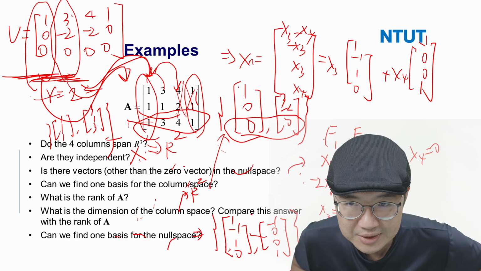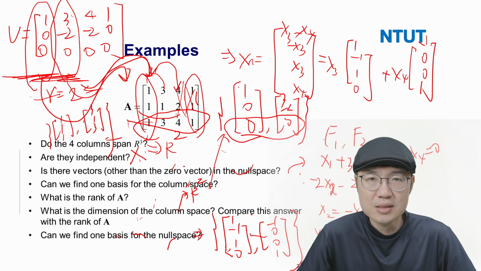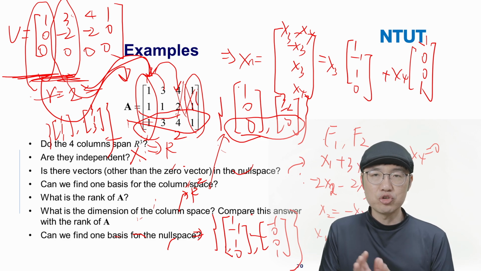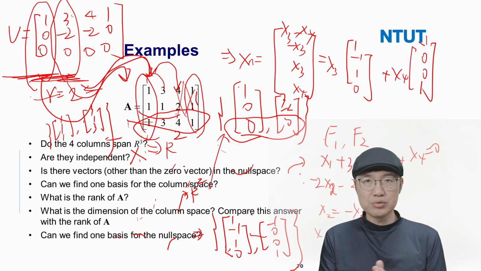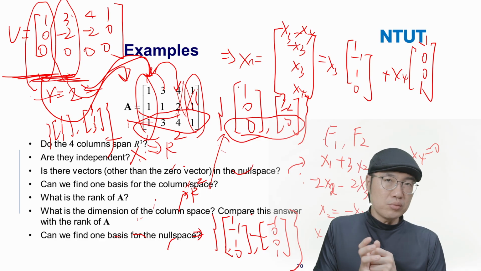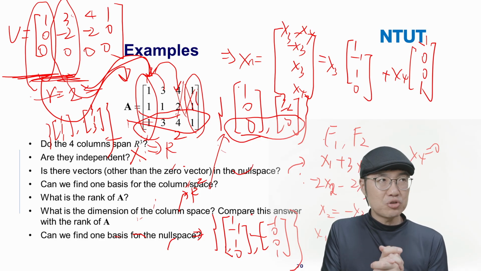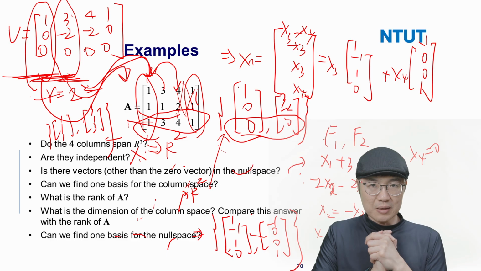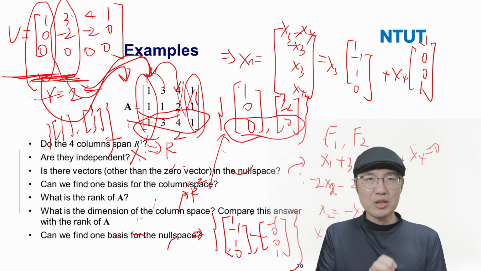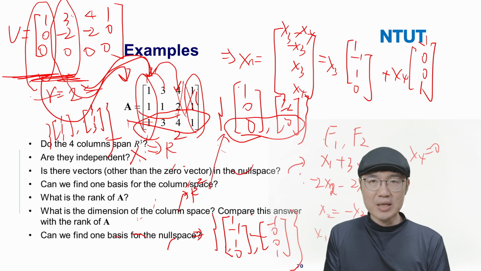But why is the basis found by tracing back U to A? Remember, when A is reduced to U, all the procedures we did are based on row manipulation, and row manipulations won't generate new information.